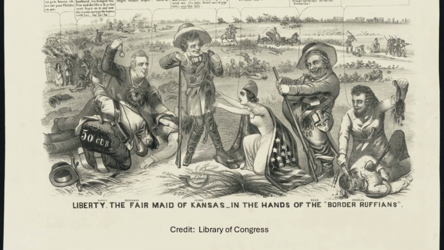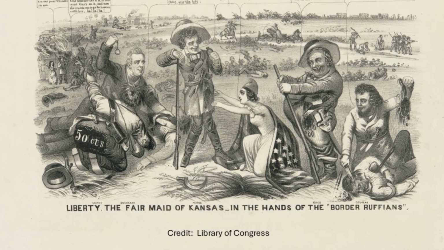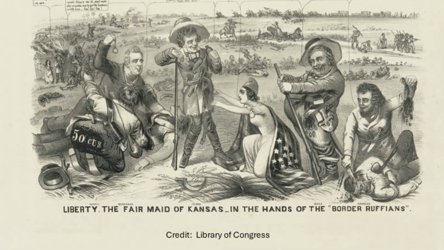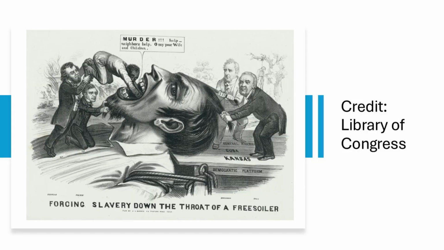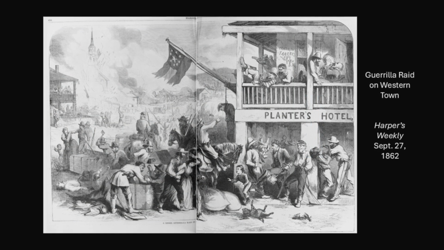It directed male residents of Kansas and Nebraska to determine whether their states should enter the Union as free or slave states. The act shifted the struggle over slavery from the halls of Congress to the prairies of Kansas.